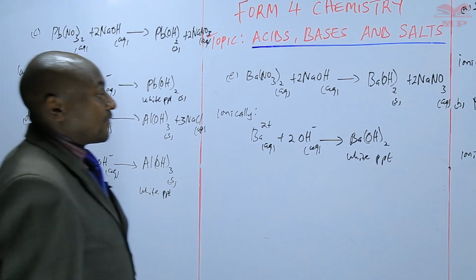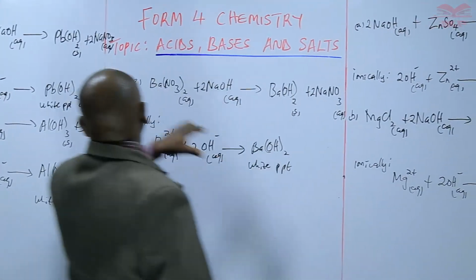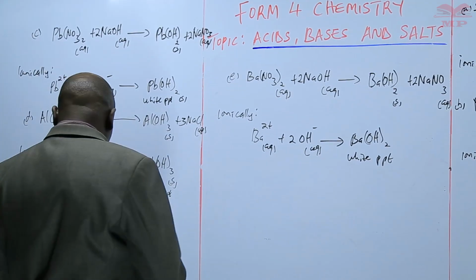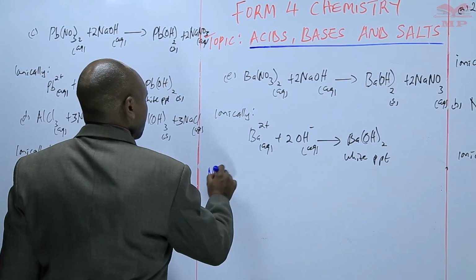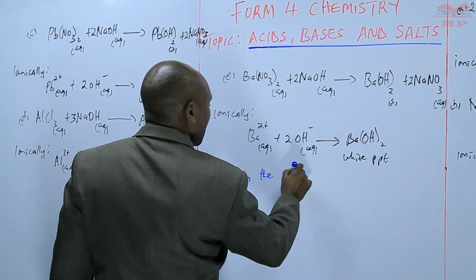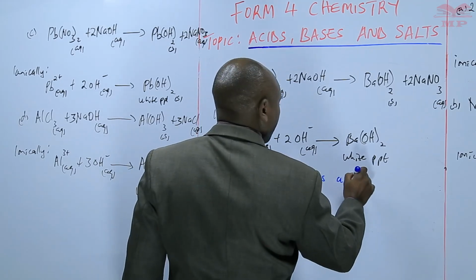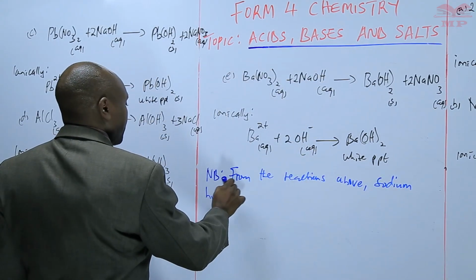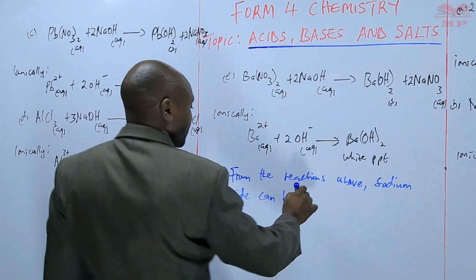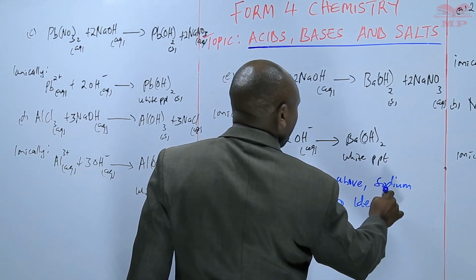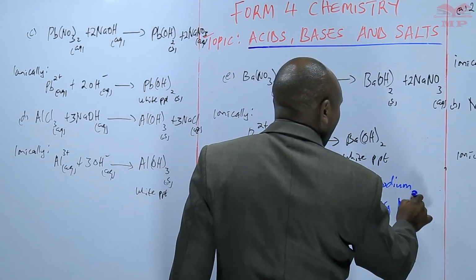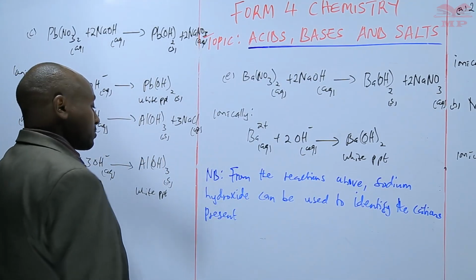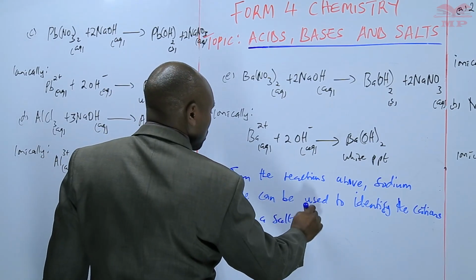So basically what we can conclude is that sodium hydroxide in all these reactions can be used to identify the ions that are present. A point to note from the reactions above is that sodium hydroxide can be used to identify the cations present. Cations are positive ions present in a salt solution.